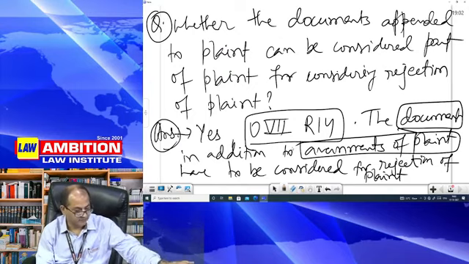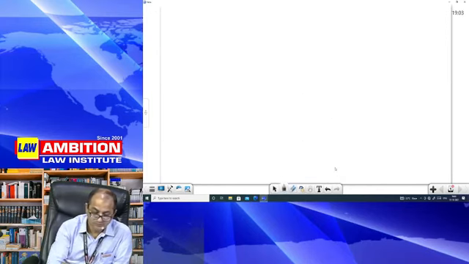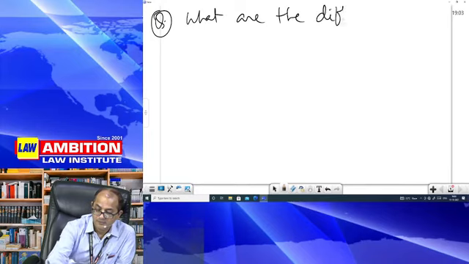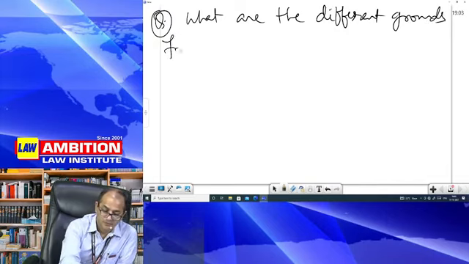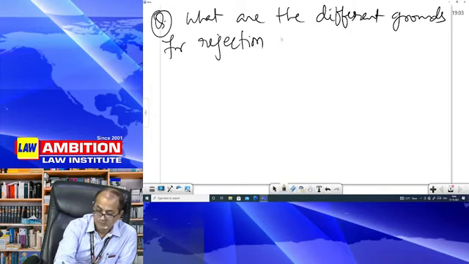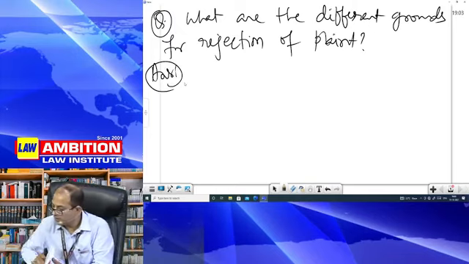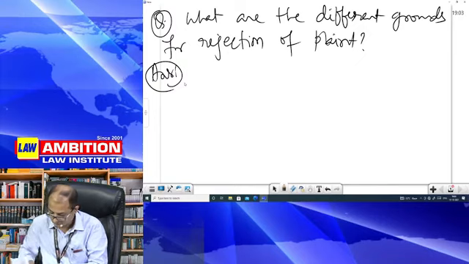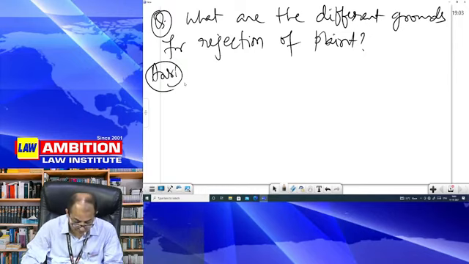Now coming to the next question, what are the different grounds for rejection of plaint? Now it says the plaint shall be rejected.